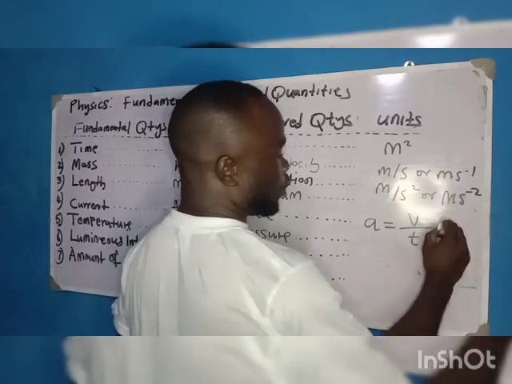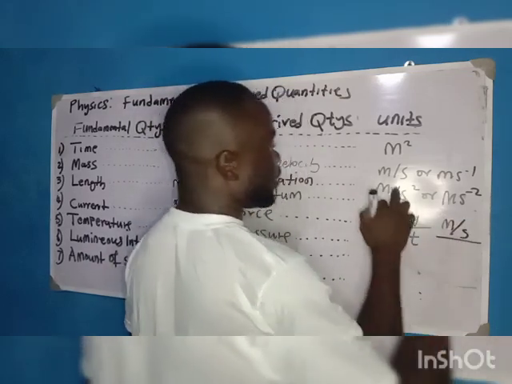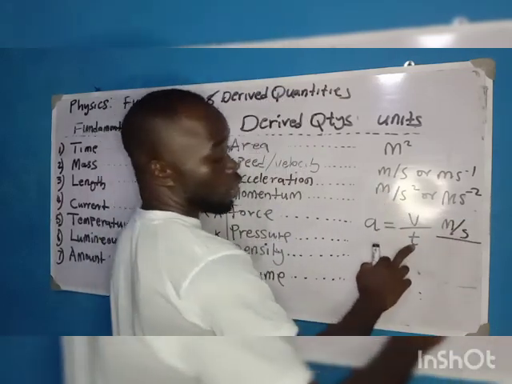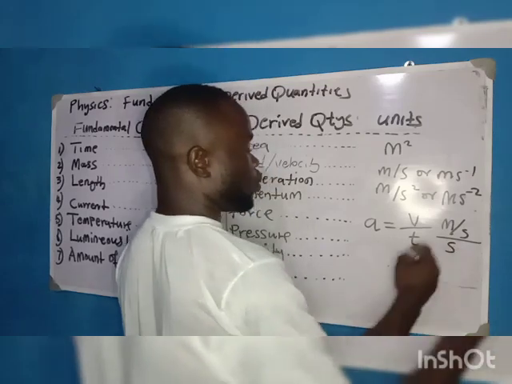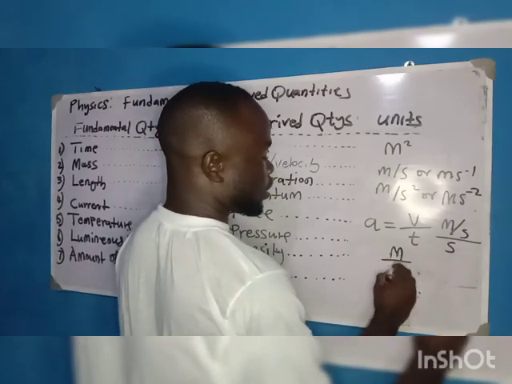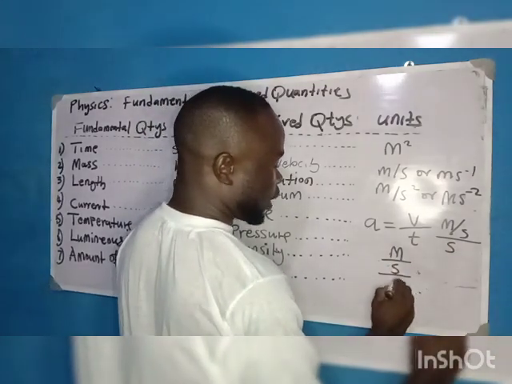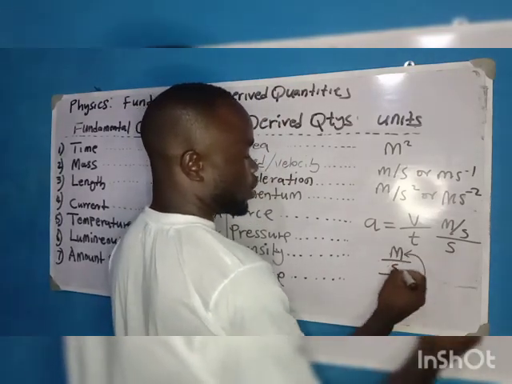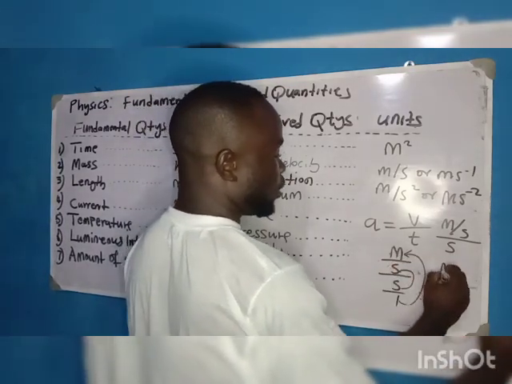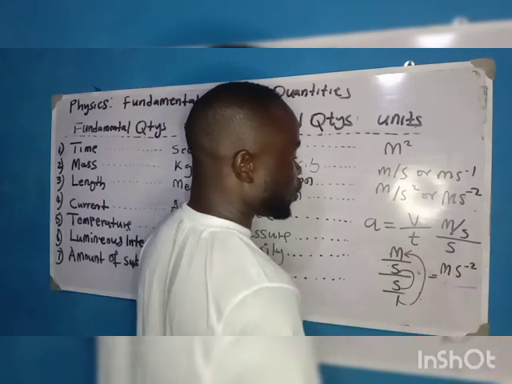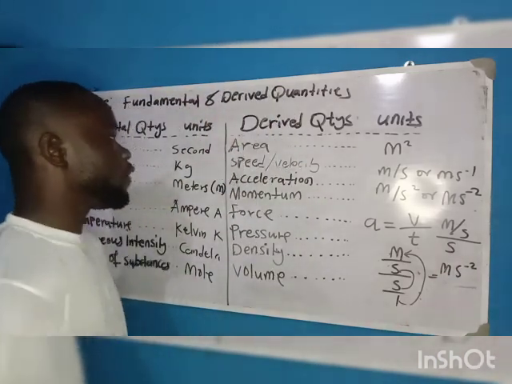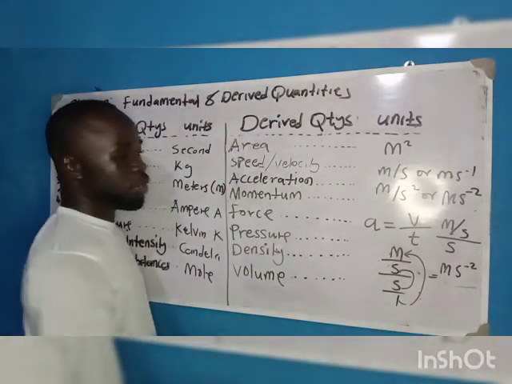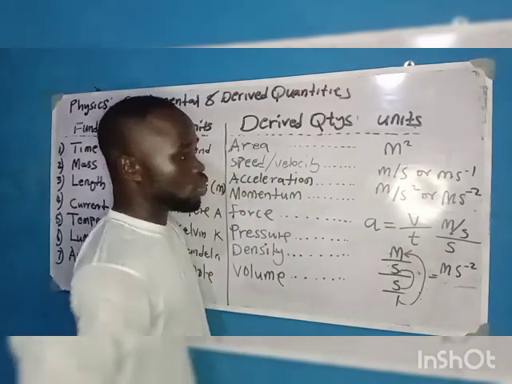So if you divide meter per second by time, the unit of time is second. Then we have meter per second per 1. When you reciprocate, this will come up here and multiply this, so you will have m/s². That's the reason why the unit of acceleration is meter per second square.